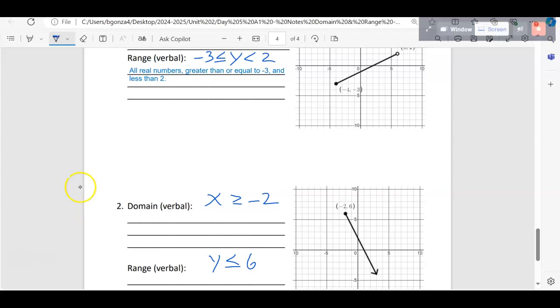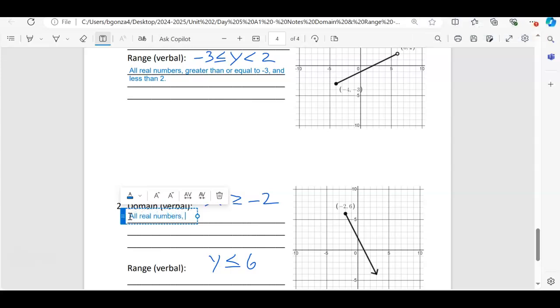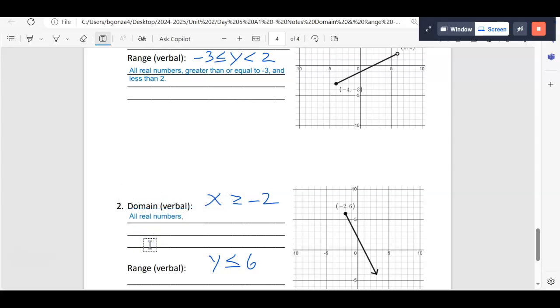All right, so let's do it verbally. I always start with what 3 words? All real numbers. But hold on, let me actually edit that. Since there's not two sides of this, since it's just x and a number, you're just going to write all real numbers and tell me what that inequality is. Is that greater or less?